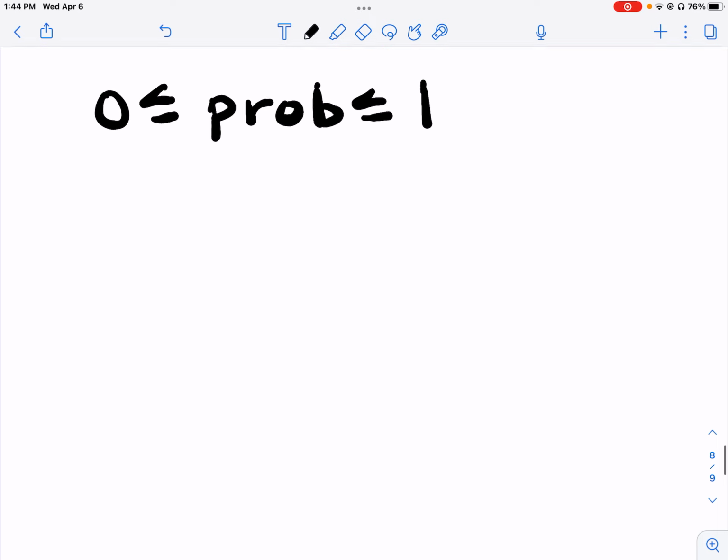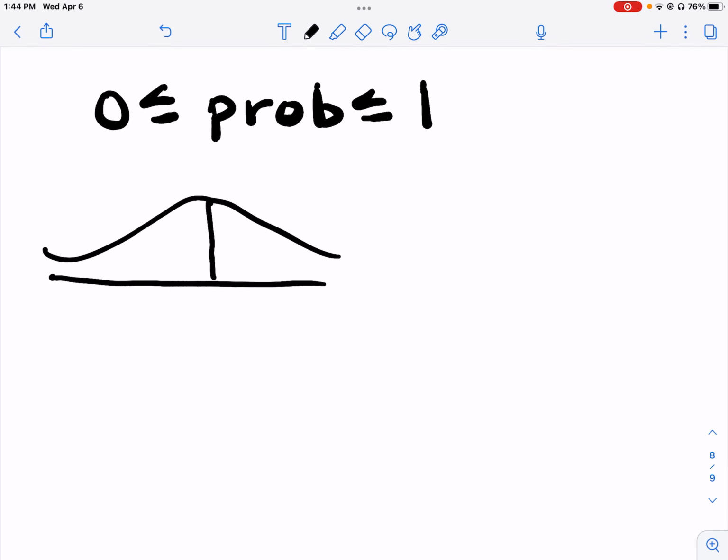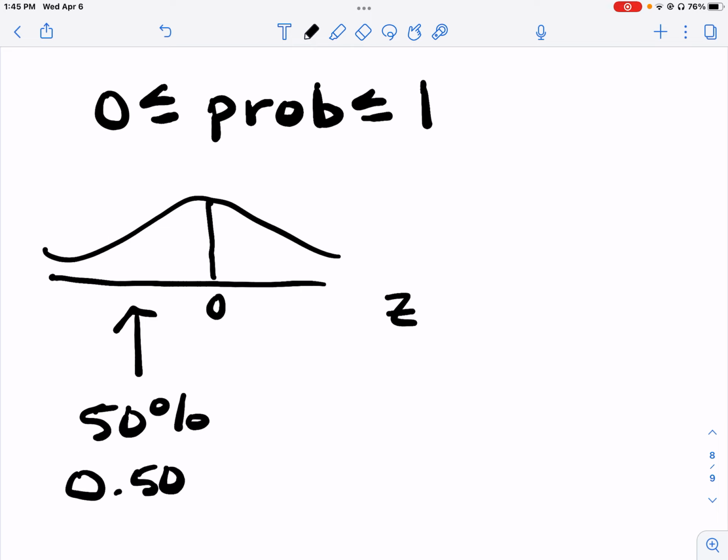Okay, a couple reminders. Probability is between 0 and 1. For z-scores, 0's in the middle. Remember, 50% of the area, or 0.5, is on either side, and it's symmetric.